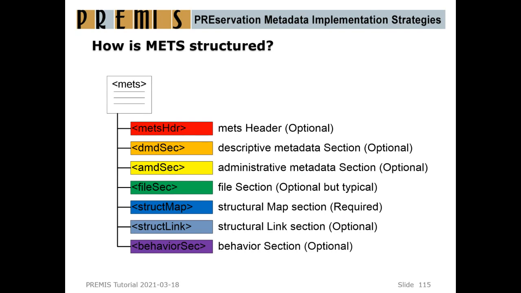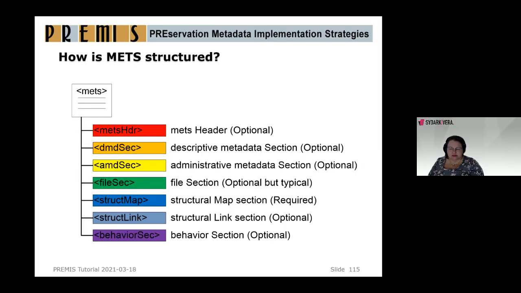There is where you describe how the structure is, and it can be a totally imaginary structure. It can be a physical structure. It's up to you. The most common example I have seen is describing that book we have been talking about and scanning. It had 99 plus 1 pages. I guess it has a front page and everything, so you can describe that rather easily in the struct map.